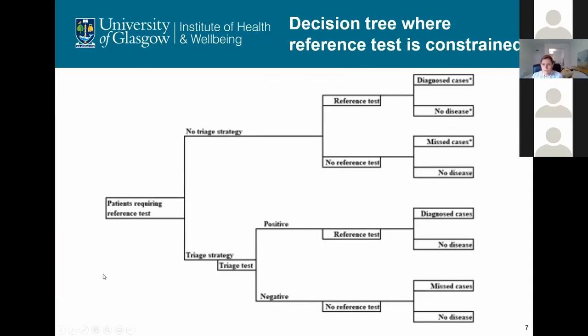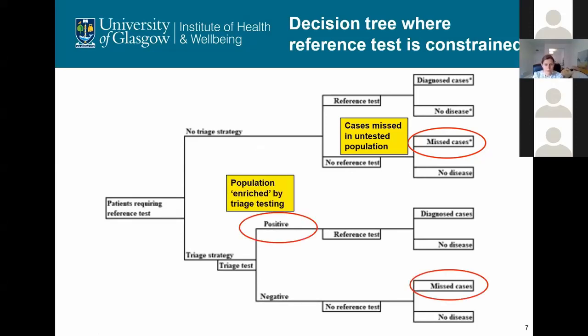When the reference test is constrained, that makes a little bit of a difference. In the no triage strategy, you'll see that we've also got people who can't get the reference test. So we're missing cases even under the no triage strategy. In the triage strategy, anybody that tests positive, this results in an enriched population.